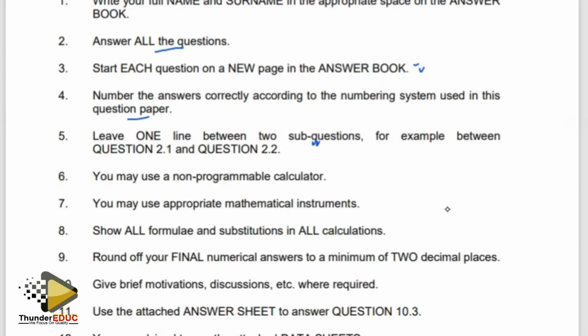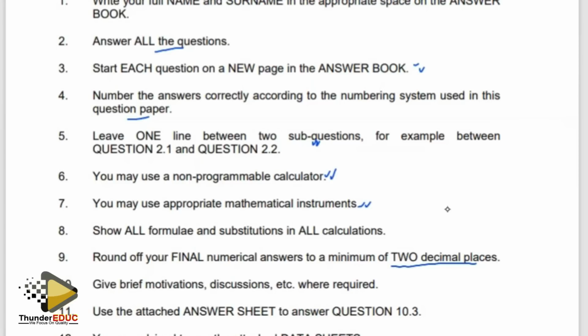You will need a calculator, and for instruments, basically a ruler. We need to show all the substitutions as well as the formula that we're using, and our final answers need to be rounded off to 2 decimals, or 2 numbers after the comma.